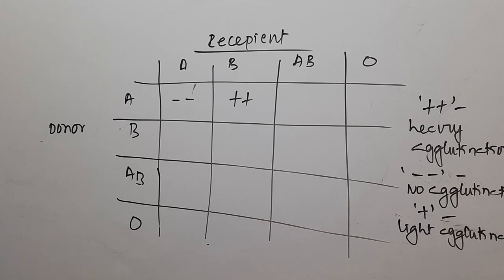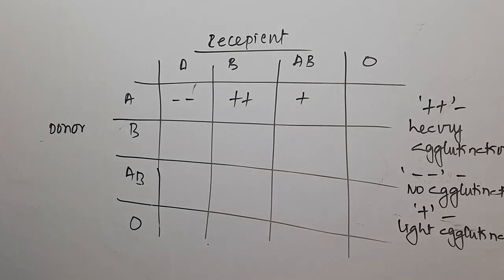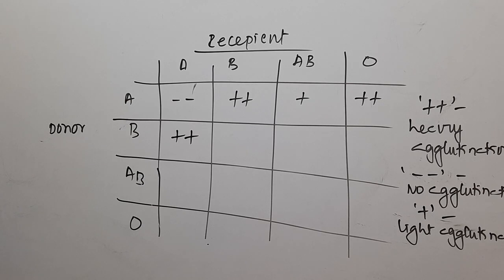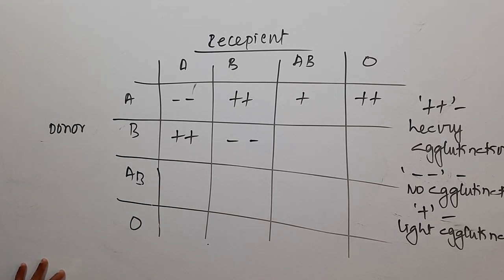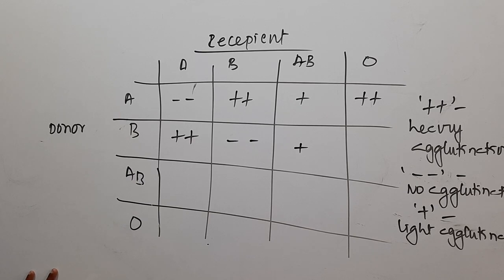Then the A blood group person giving to AB, there will be light agglutination, and A cannot give to O at all, hence there will be heavy agglutination. Then B to A, not at all, that is heavy agglutination. B to B, no agglutination. B to AB, there will be slight agglutination.